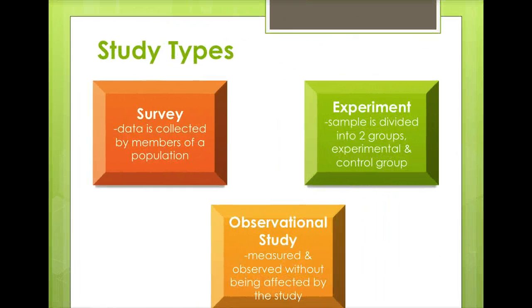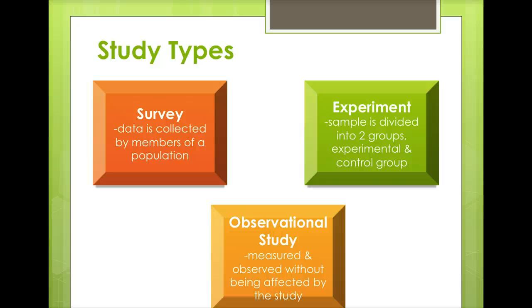Now let's look at some study types. There are surveys, experiments, and observational studies. A survey is data that's collected by members of a population. So when you're giving out surveys at a mall to see how people like your reality show, you're collecting data.